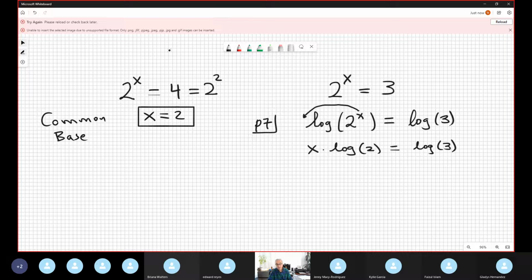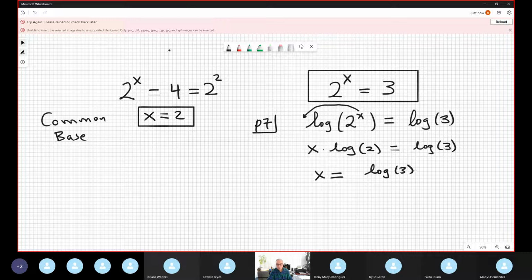And magically, you convert the original exponential equation into a linear equation, because logarithm of 2 is a number and logarithm of 3 is another number. So in order to isolate x, you divide by logarithm of 2.